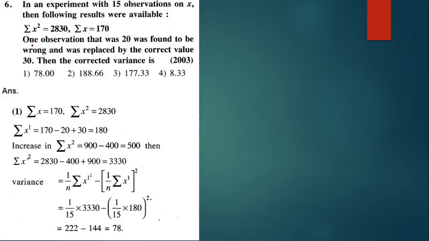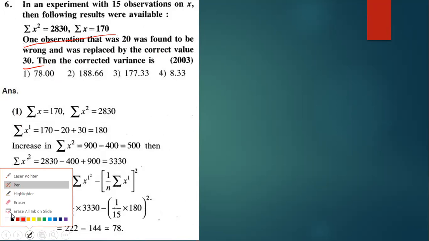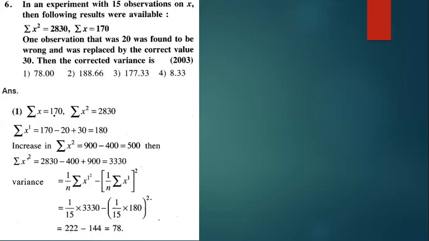One observation, given as 20, was found to be wrong and was replaced by the correct value, 30. Then what is the correct variance they're asking? Sigma xi, with i running from 1 to 15, how to find the total value?